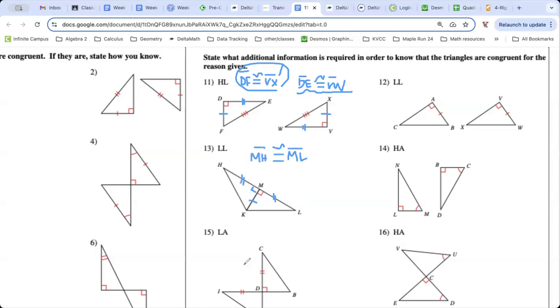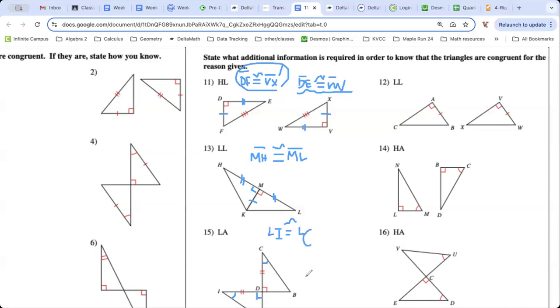So 15, do you want to do LA? Okay, so the pair of legs are congruent. Now you need to provide a pair of angles that are not the 90-degree ones. So if you take a look here, if you said angle I is congruent to angle C, that would have worked.